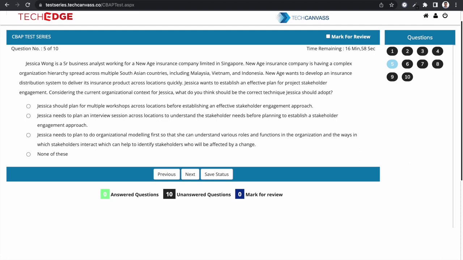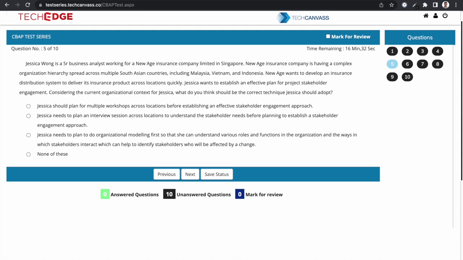New Age wants to develop an insurance distribution system to deliver its insurance products across locations quickly. Jessica wants to establish an effective plan for project stakeholder engagement. Considering the current organizational context, what should be the correct technique Jessica should adopt?